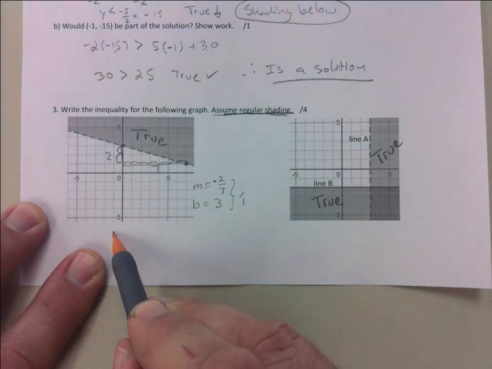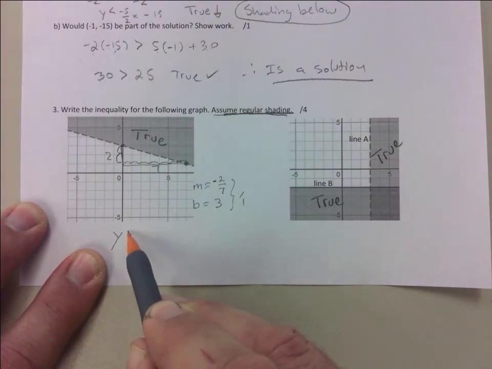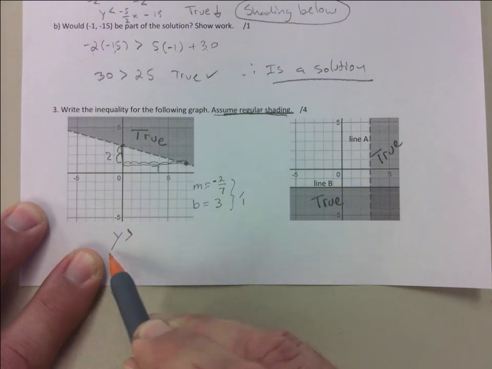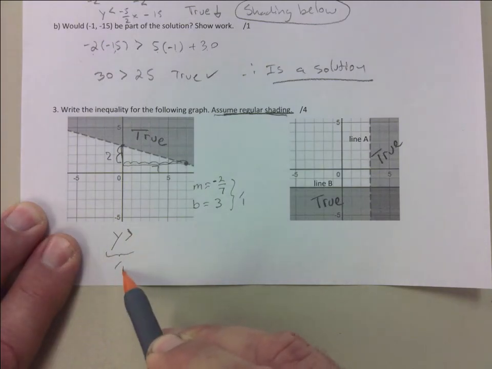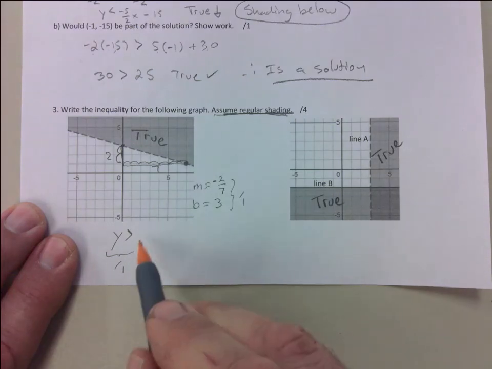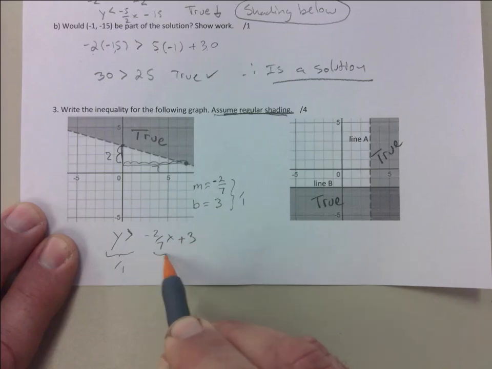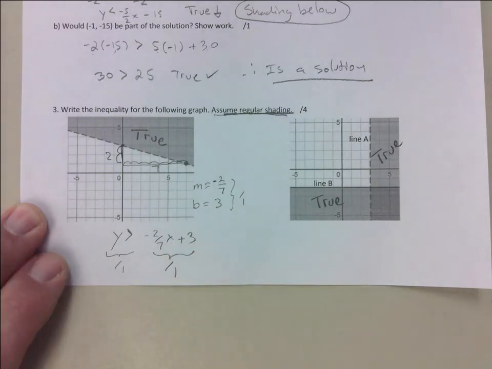Now I need to figure out my shading or the other part. So here's the inequality. Y is greater than. This is going to give you a mark because you're telling me where the true region is and you're telling me that it's dashed. And then the negative 2 over 7x plus 3 is going to give you another mark.